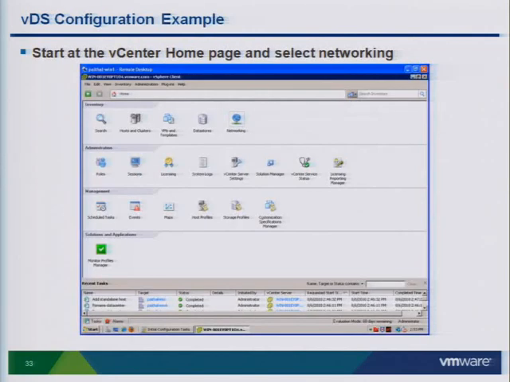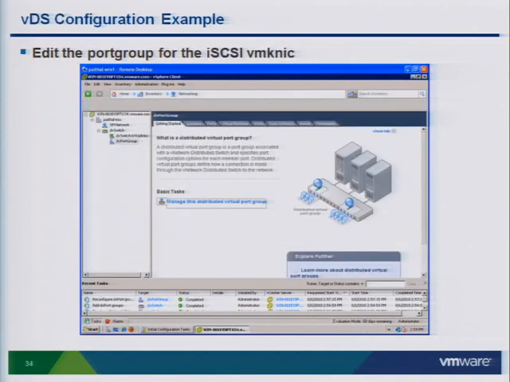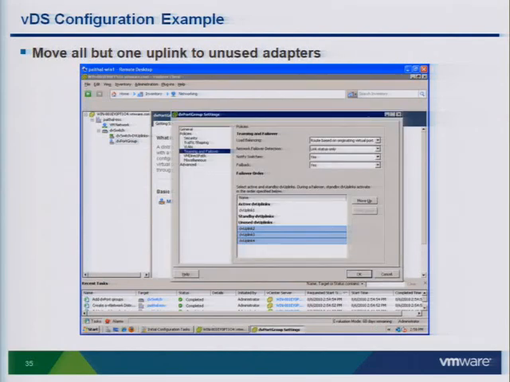I will, however, mention how you set it up on an ESX VDS. It's not necessarily intuitive. You have to start off at your home screen in vCenter and select networking. If you're on the host page, there's no way to get to what you need to do. Start at the home page, go to networking. In that case, you can select the devices, select the DV port group, and at that point it becomes similar to the way you set it up for a legacy switch, where you configure it with one active uplink and all of the others are unused.